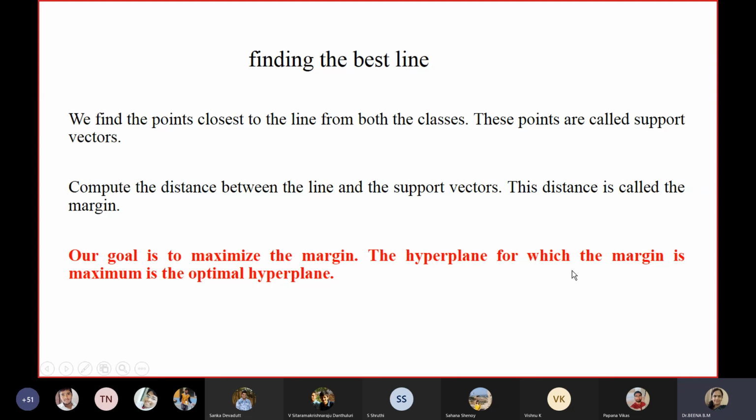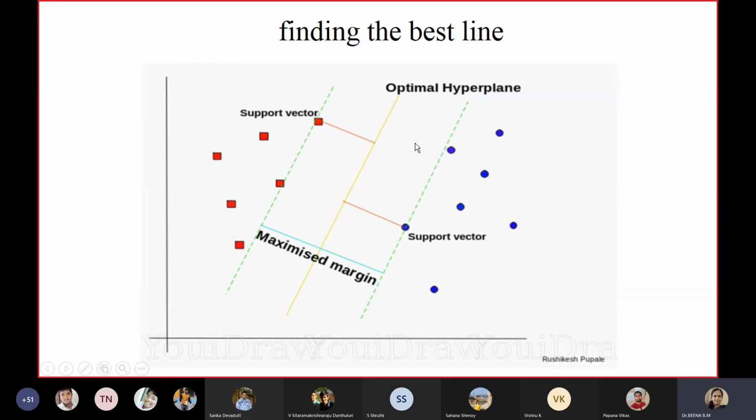The hyperplane for which the margin is maximum is called the optimal hyperplane. That is, the main goal of SVM is to find the optimal hyperplane. Now look at this figure. We have two different data sets, the red squares and blue balls, and these data sets are separated by this line.